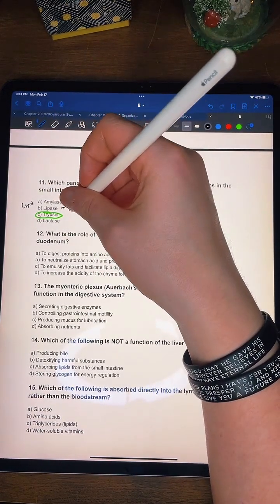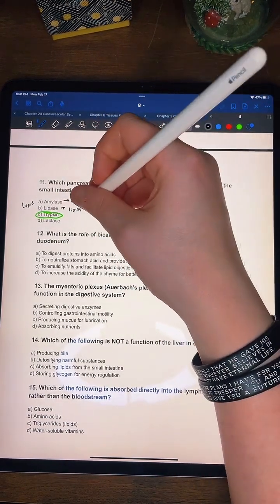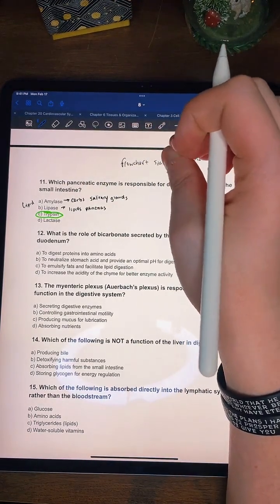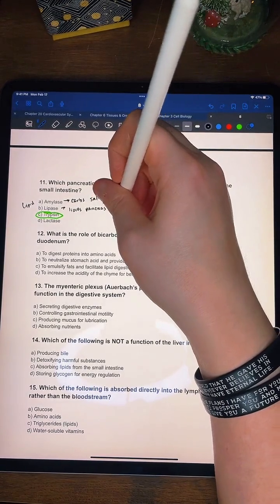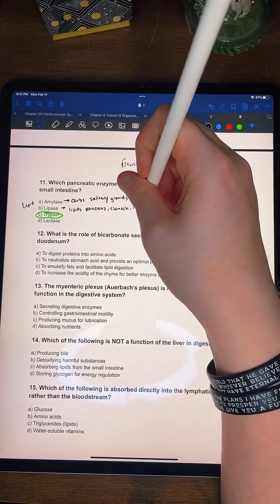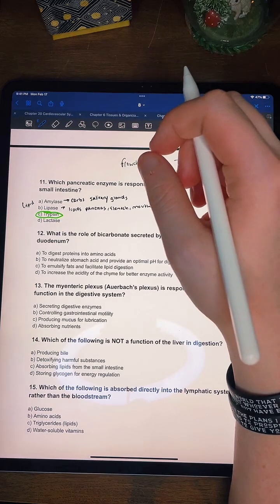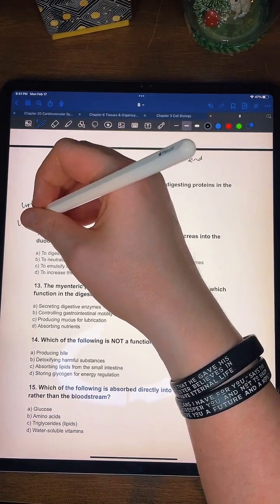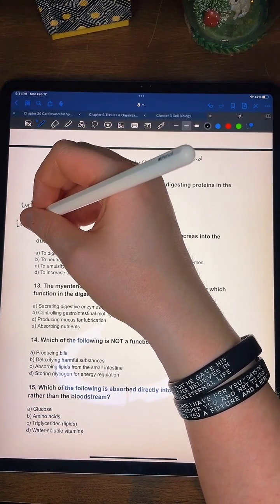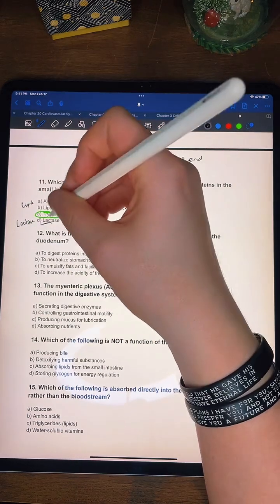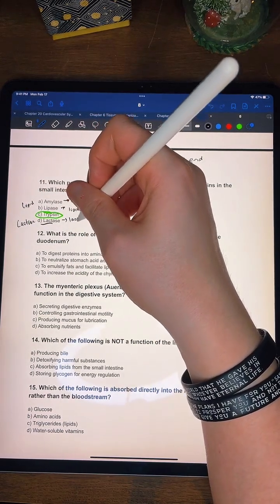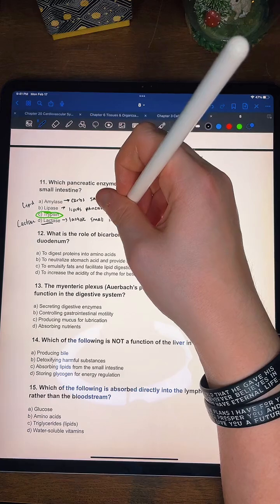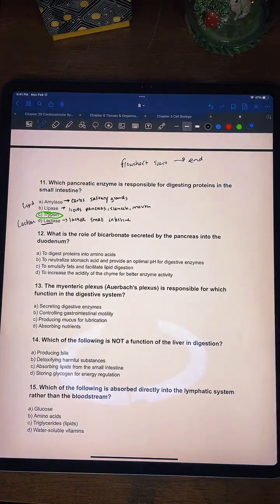So this is going to break down lipids, and this is in the pancreas, the stomach and the mouth. And then lactase, if you think lactose, breaks down lactose. This is in the small intestine, so hopefully that answers that question.